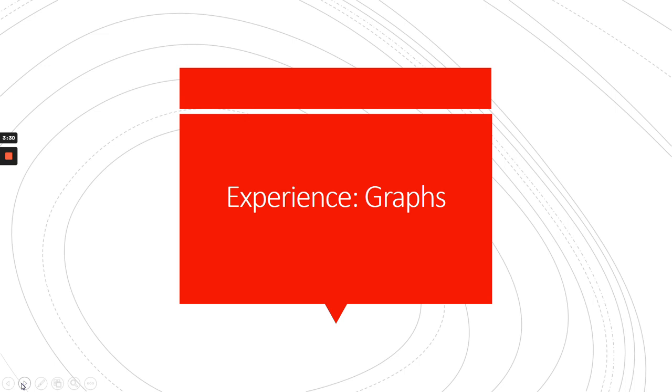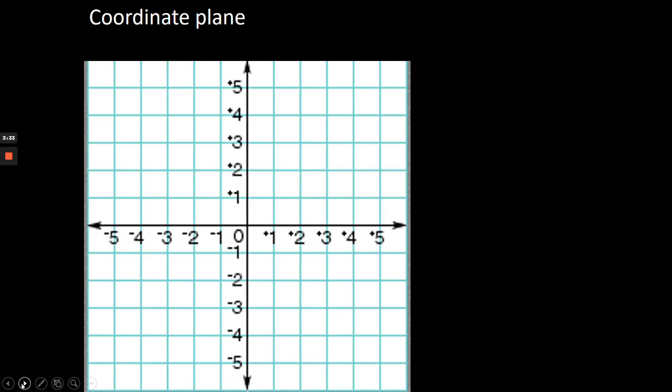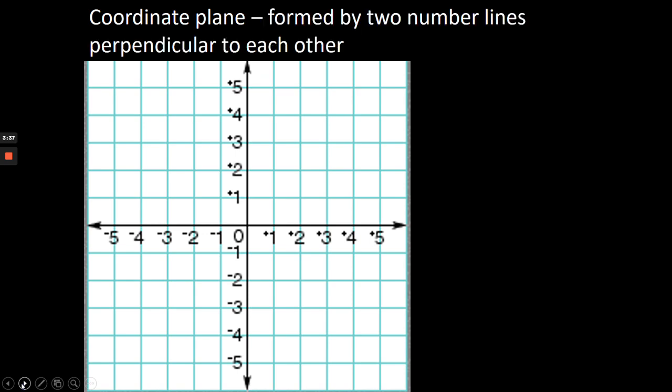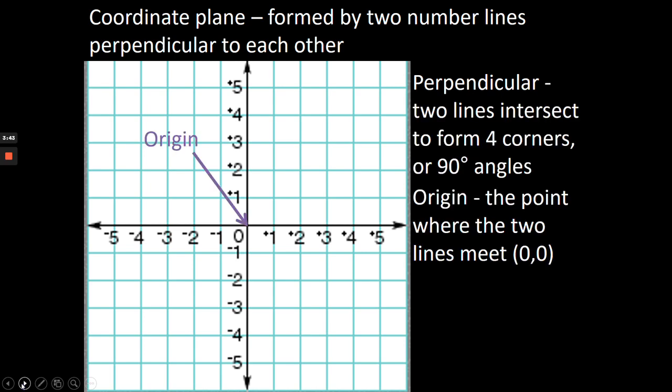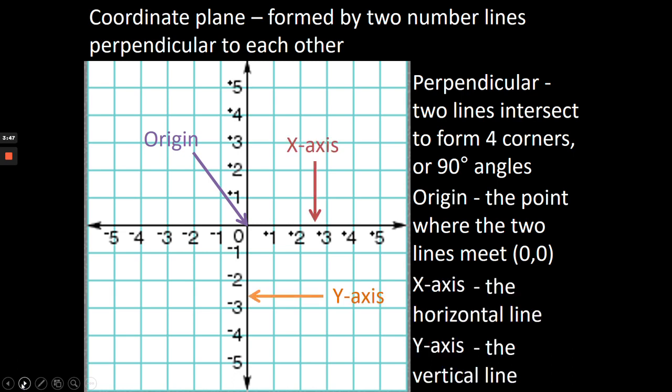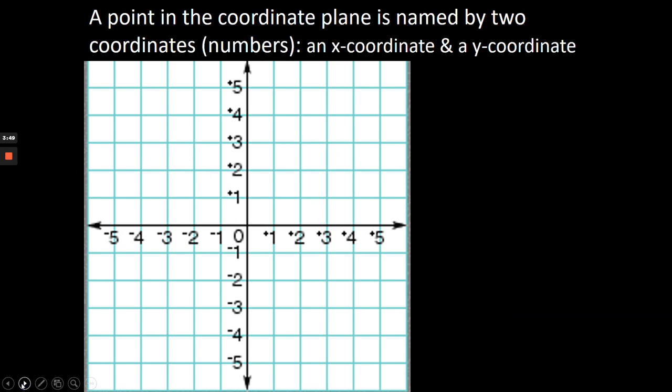And when it comes to the graphs, we want to do the exact same thing. We want to go over the vocabulary. We want to explain what each portion of a graph is, point out exactly where they are located, and talk about what a graph looks like.